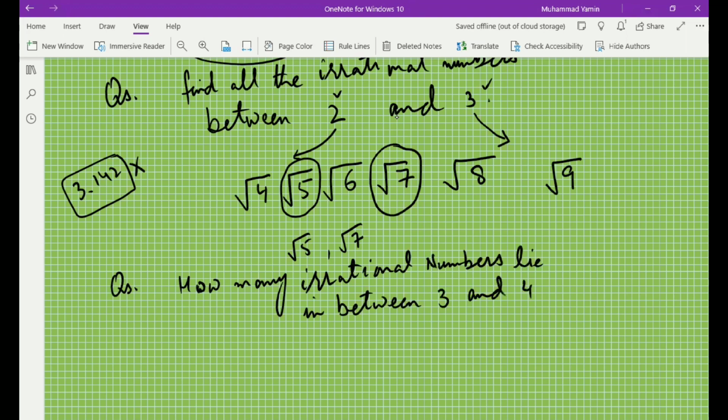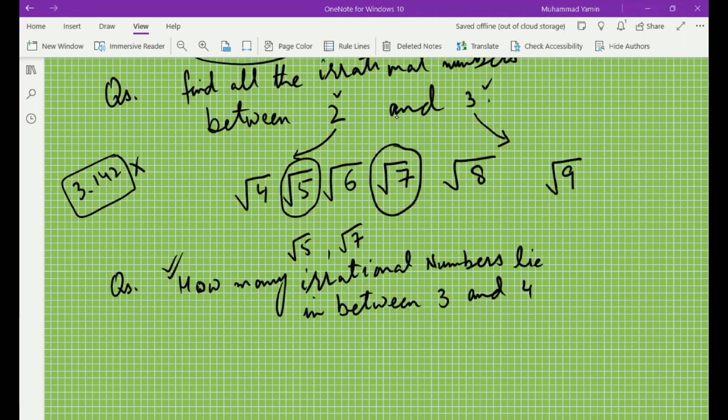Just read the question carefully, and they are asking you how many. You have to count all the irrational numbers and write down the figure there.